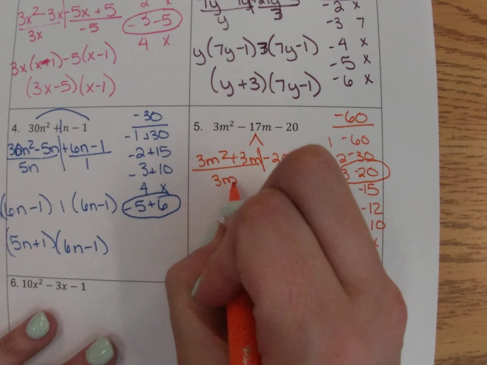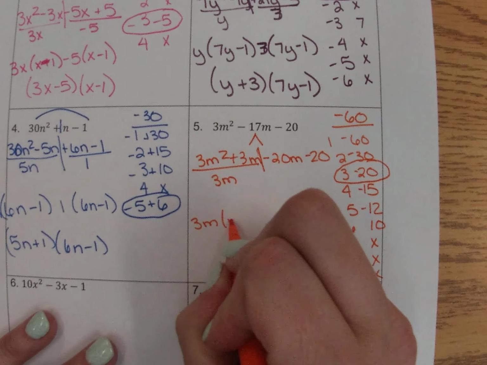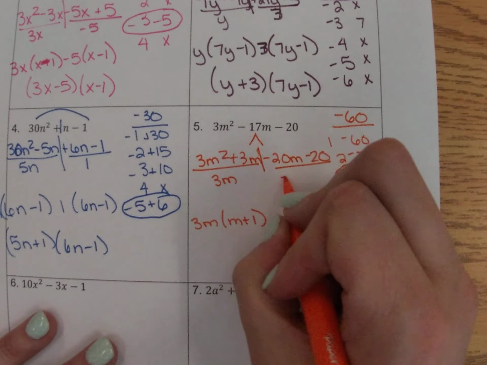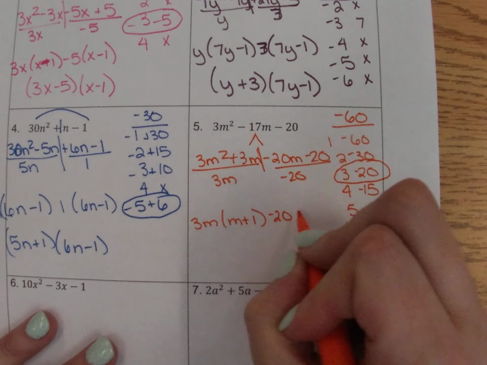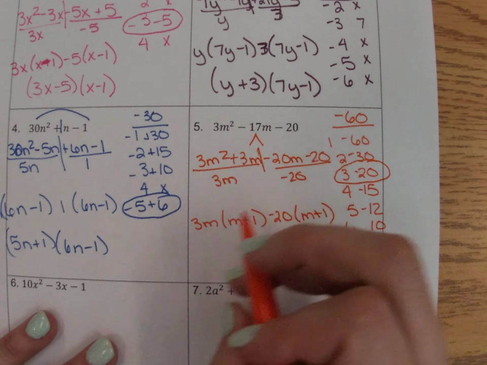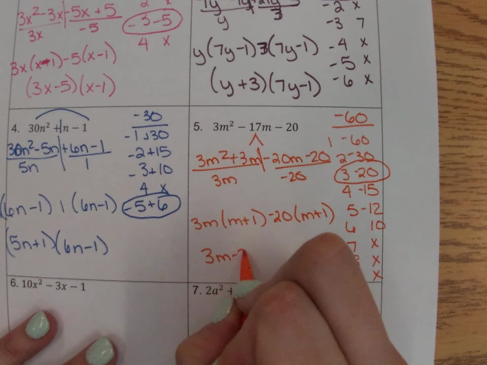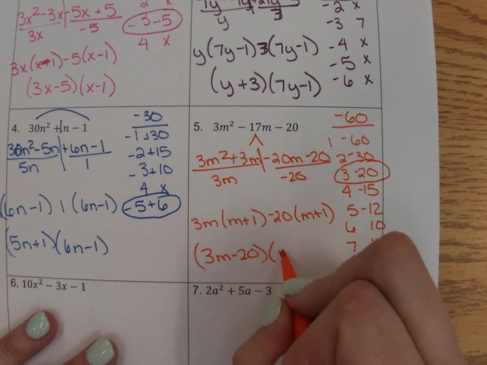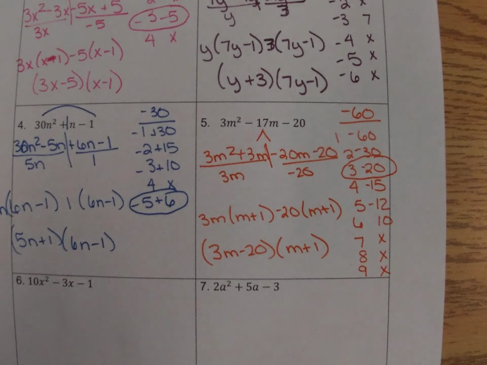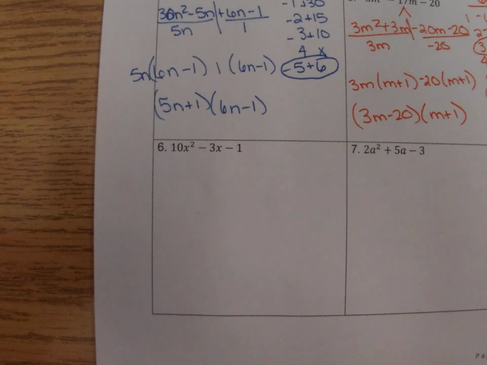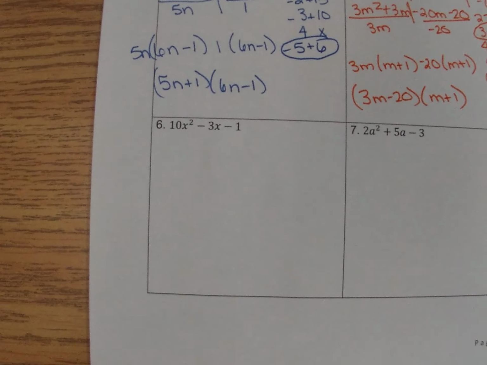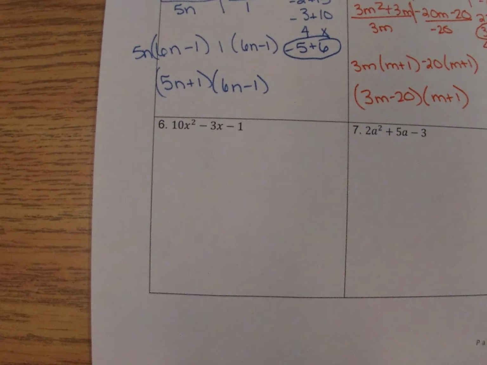And then we'll factor by grouping. Got 3m minus 20 and an m plus 1. 6.